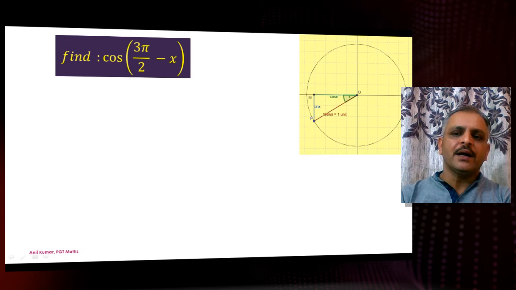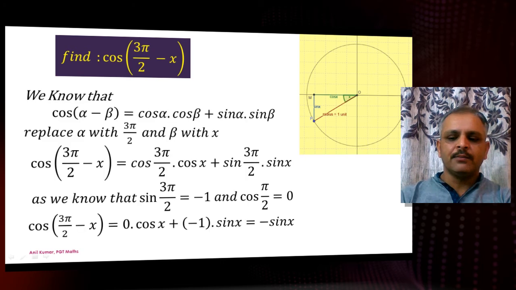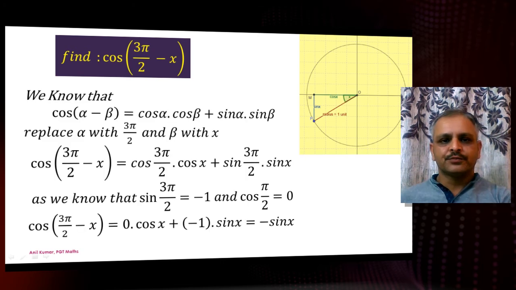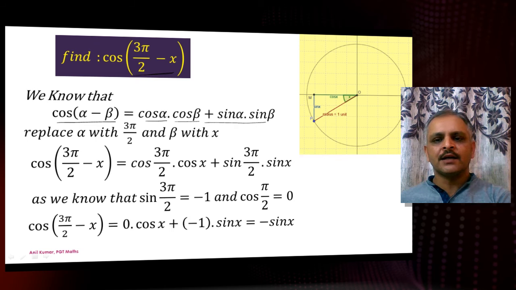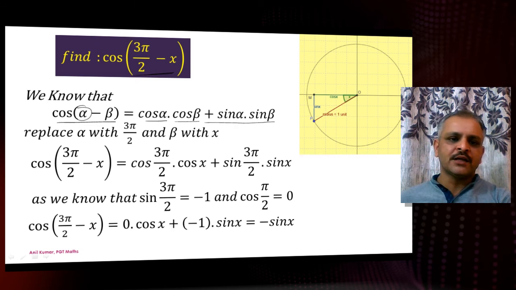Now cos 3 pi by 2 minus x. On the same lines, I will use cos alpha minus beta, which is cos alpha cos beta plus sin alpha sin beta. Replace alpha with 3 pi by 2 and beta with x.